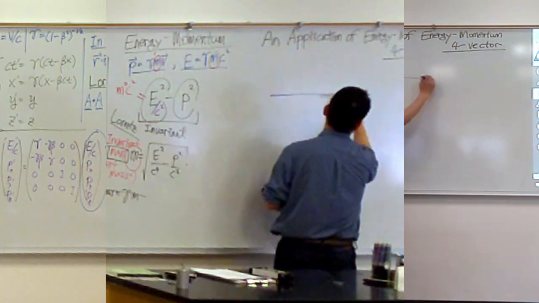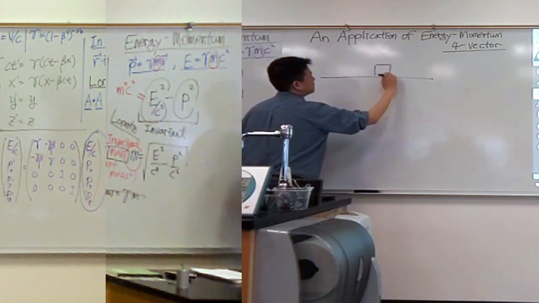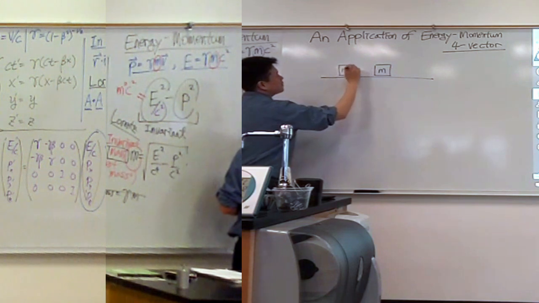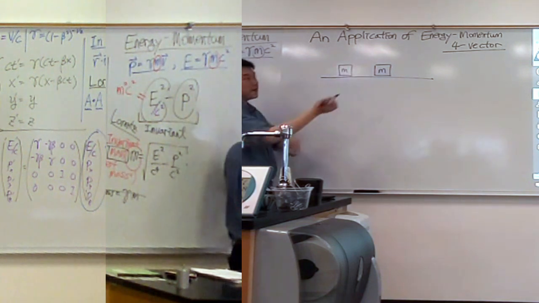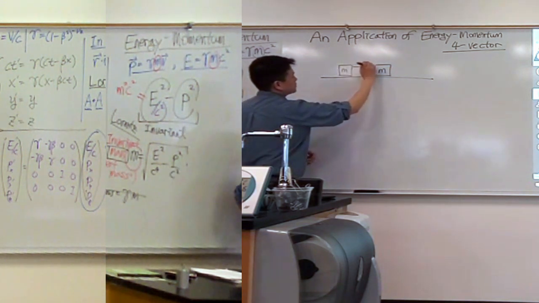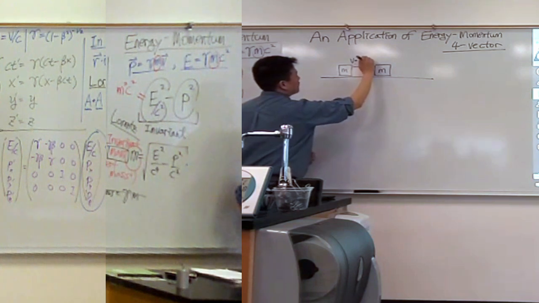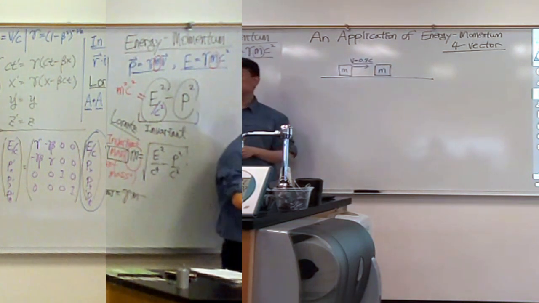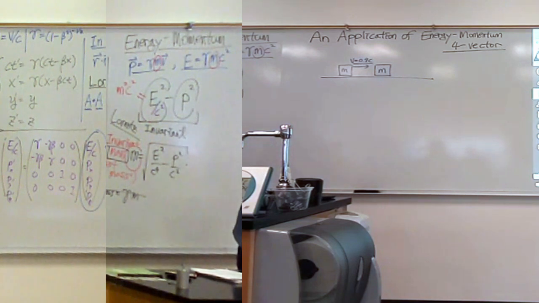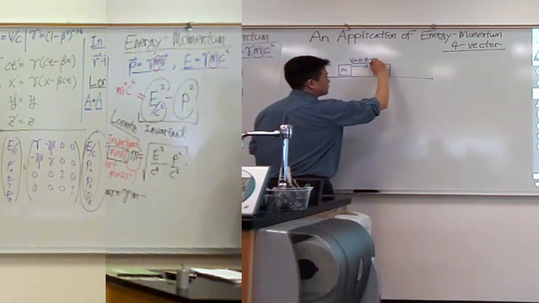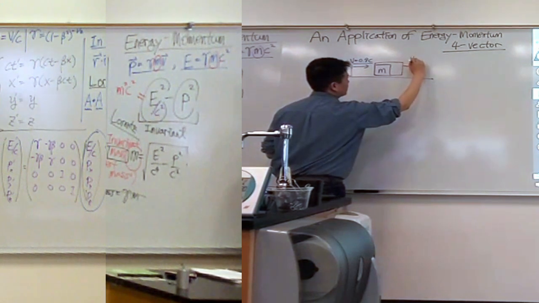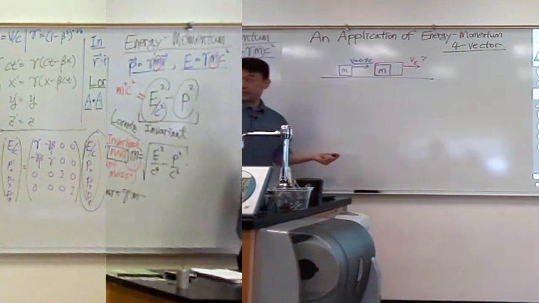So you have a level plane, a mass m, and another mass m. The example we used last time had this one moving at a reasonable speed of 0.8c, and this one at rest. After the collision, they stick together. It's one big mass moving at some final speed.